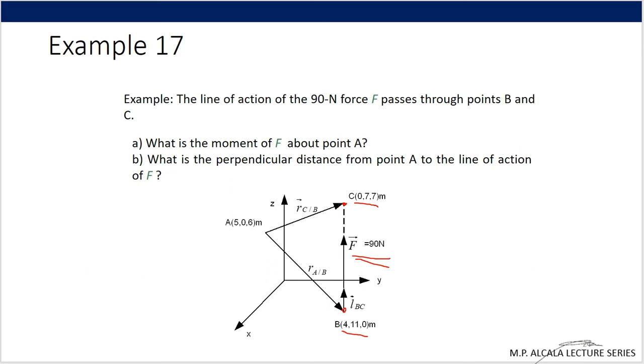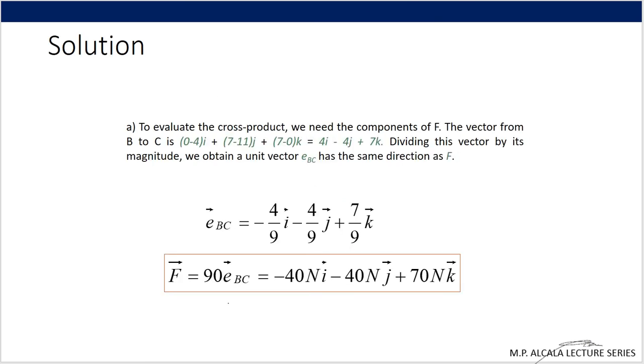That will be 0 minus 4, 7 minus 11, and 7 minus 0, divided by the total resulting magnitude of the length using the Pythagorean theorem. So that will be this one, okay?